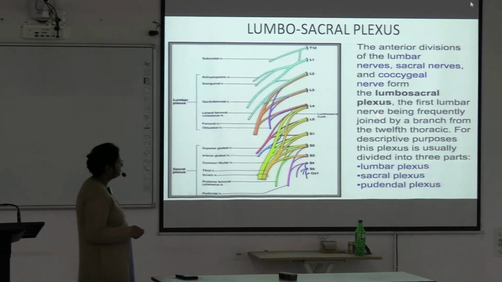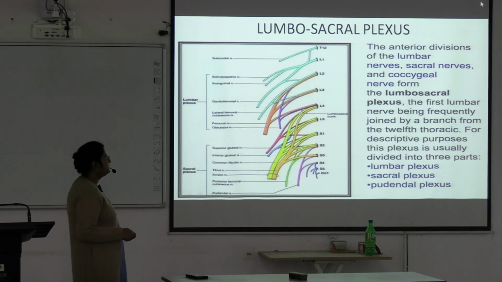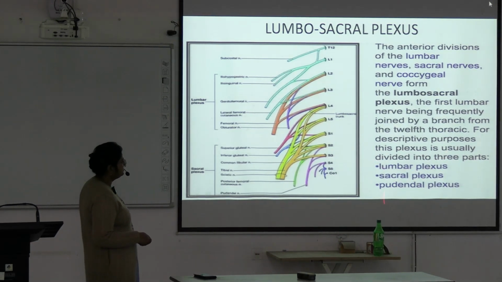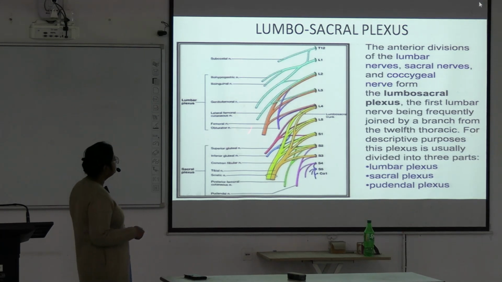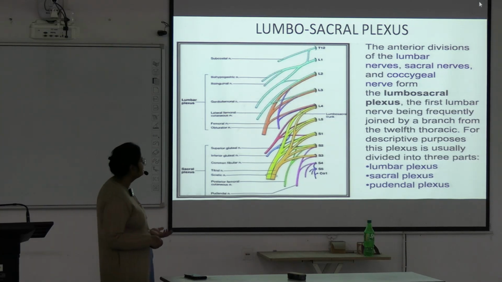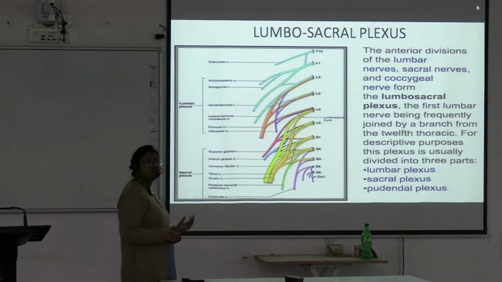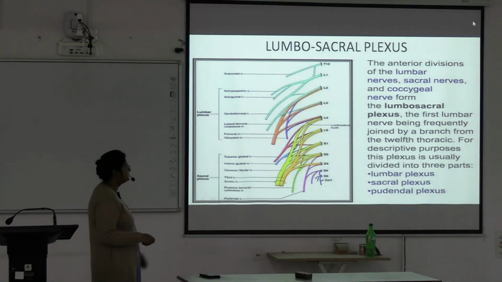The first lumbar nerve is frequently joined by a branch from the 12th thoracic, and for descriptive purposes this plexus is divided into these three parts: lumbar plexus, sacral plexus and pudendal plexus. Okay, mainly all these together form the lumbosacral plexus. It is mainly a continuous plexus, but for descriptive purposes we are dividing it into these parts.